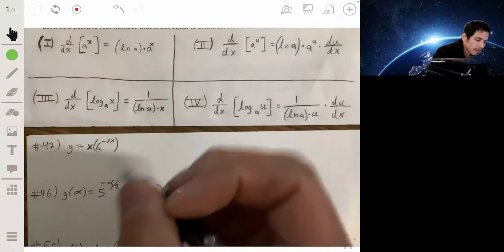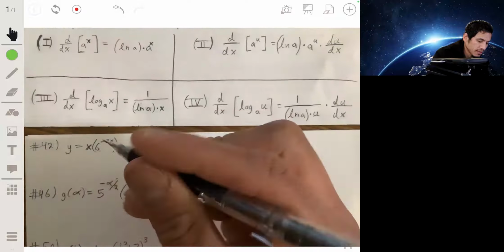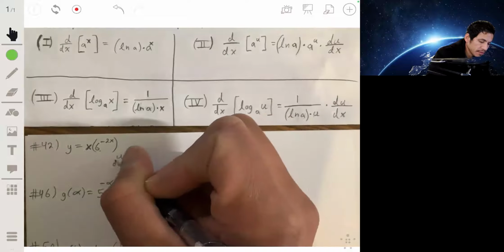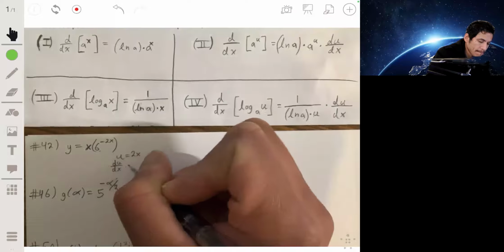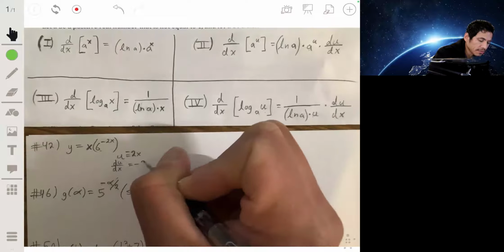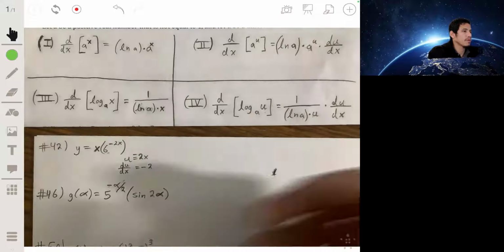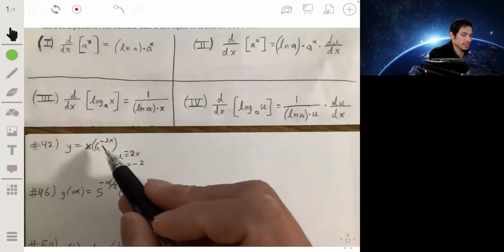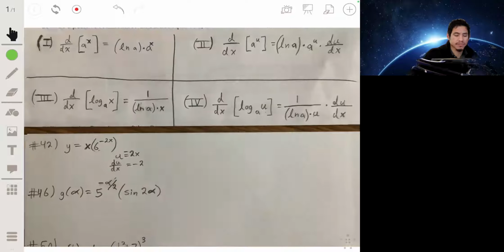So let's actually go ahead and write that. Oh, sorry, negative. U is negative 2x, so then du dx will be negative 2. Now, this also is going to involve product rule because you have x times a function.